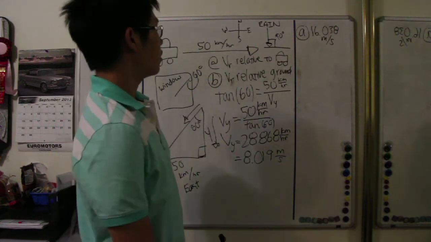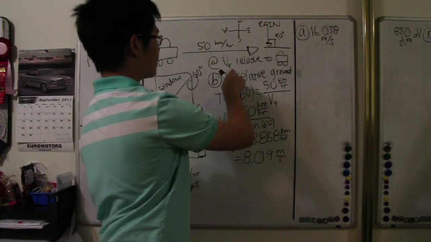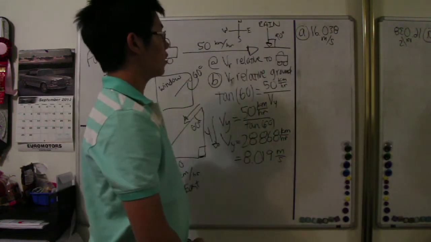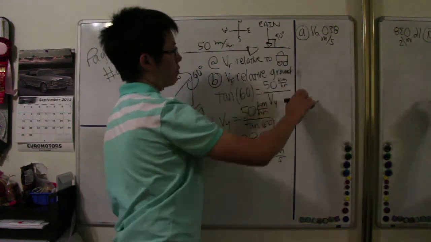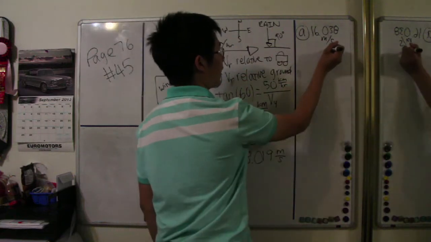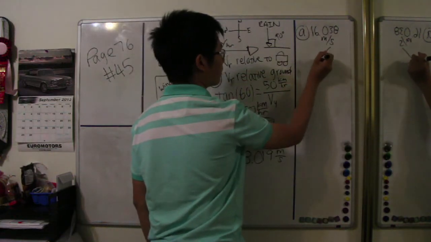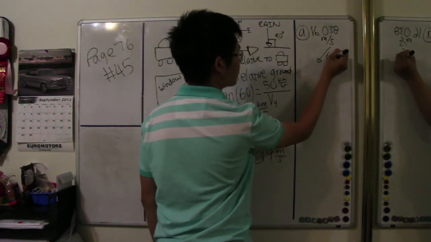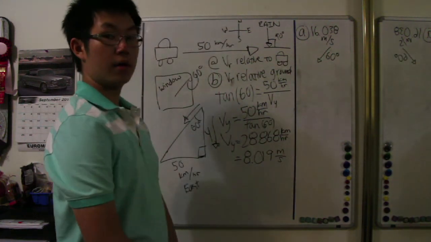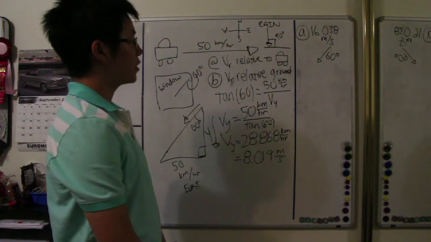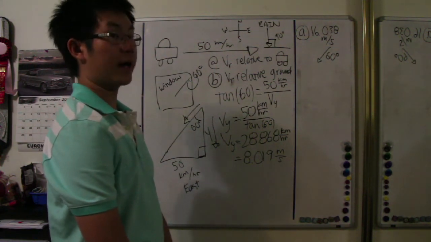So now we have A, the velocity relative to the car, a speed of 16.038 meters per second at a direction of 60 degrees to the left of the y-axis.